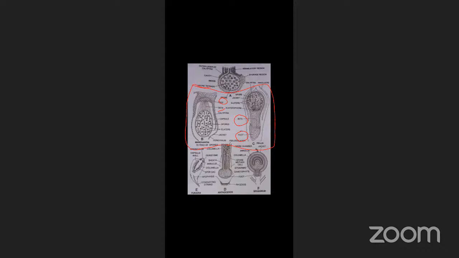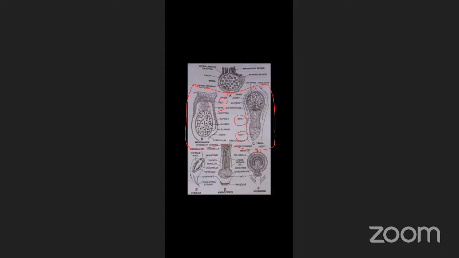A bunch of elaters represented at the same point is called an elatophore. Of course, elaters and elatophores are also present in Pelia. What about Marchantia? In Marchantia only elaters are present.